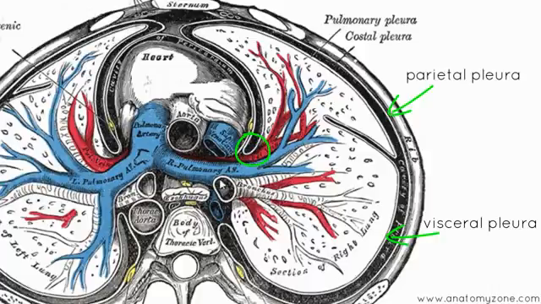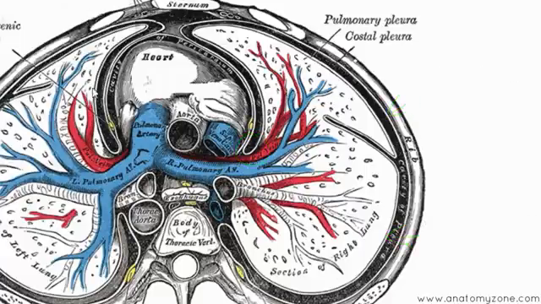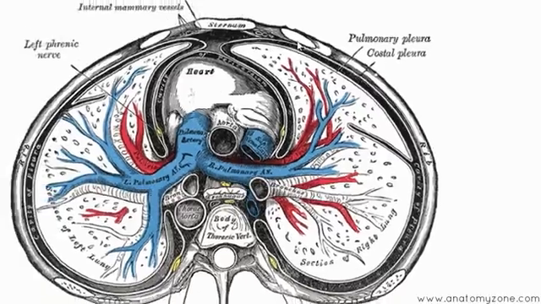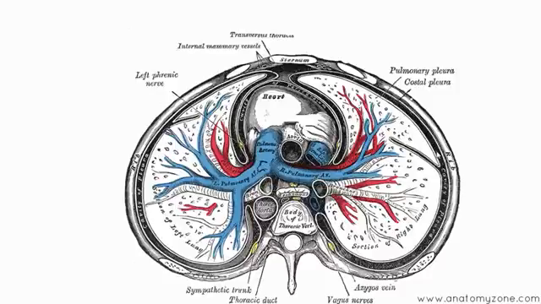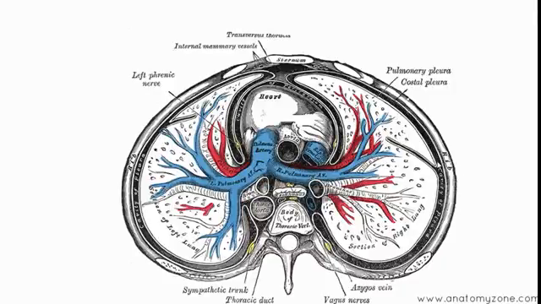So this area, remember where all these structures enter, the bronchus, the bronchi, the pulmonary arteries and pulmonary veins entering at the hilum. So you can see how the visceral and parietal pleura are continuous with one another. And then you've got this space between the two layers, which is the pleural cavity, which contains pleural fluid.